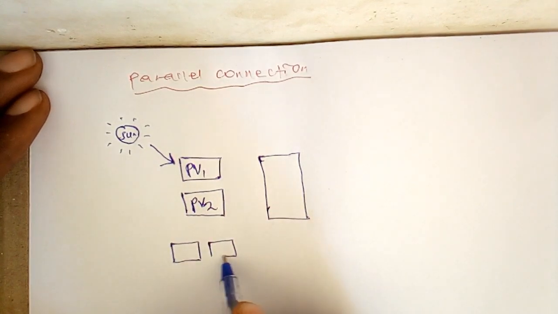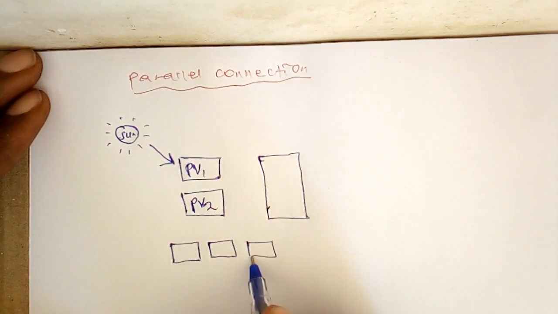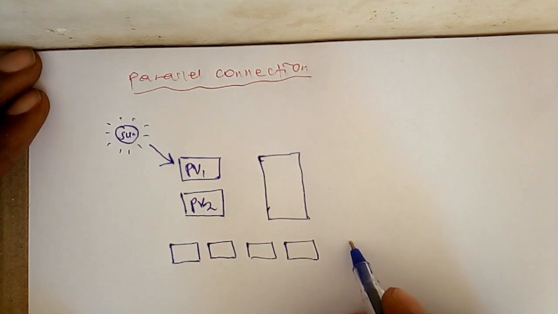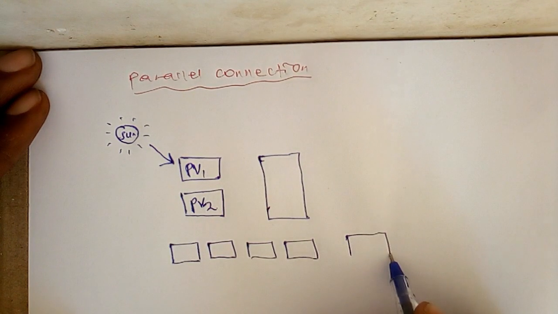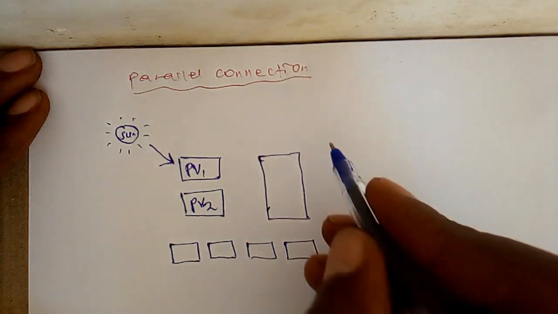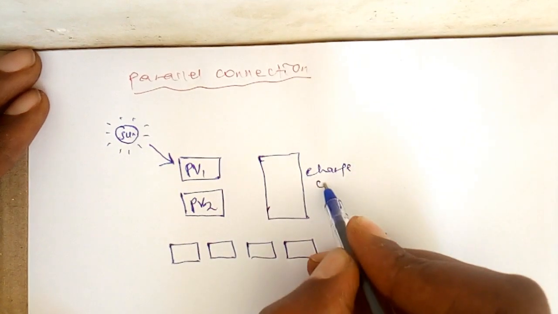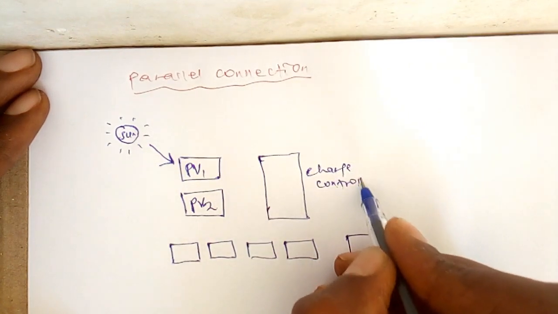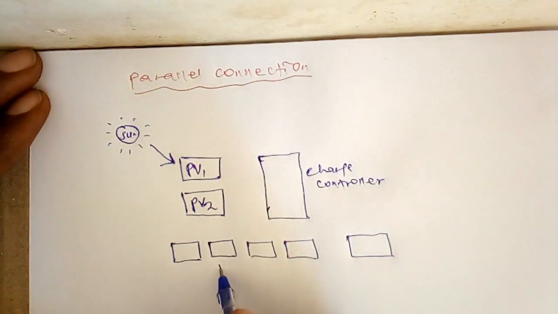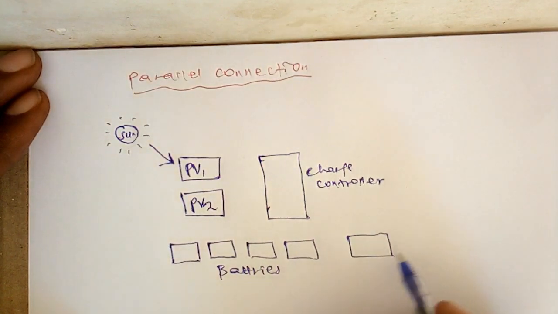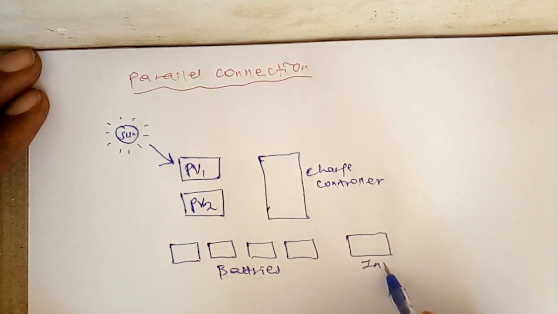And we take for this case these four batteries and an inverter, and this is a charge controller, and these are the batteries, and this is an inverter.